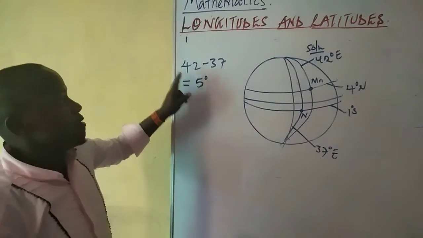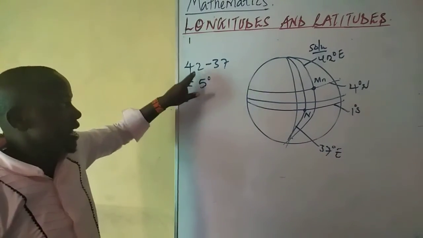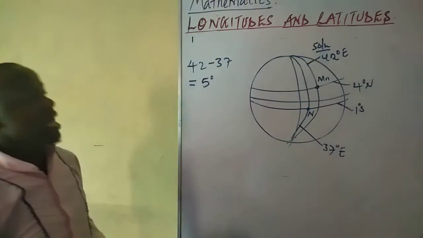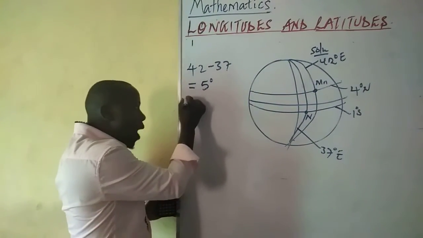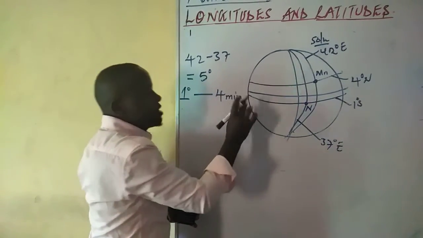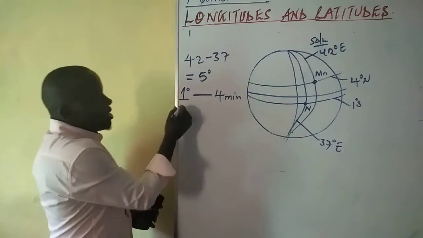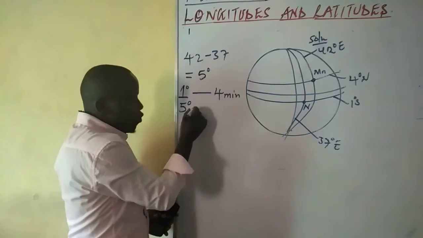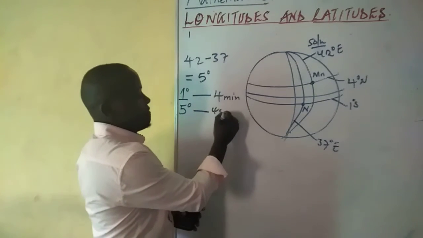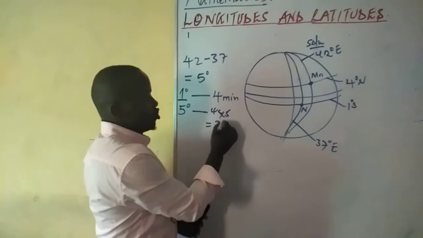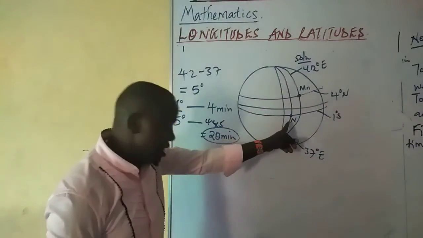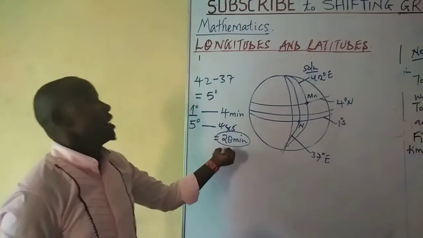So with a 5 degree difference, if 1 degree is 4 minutes, as we have seen in the comparison, then how many minutes will be represented by the 5 degree difference? This will be 4 by 5, giving us 20 minutes. Therefore, the difference in time between Nairobi and Mandera is 20 minutes.